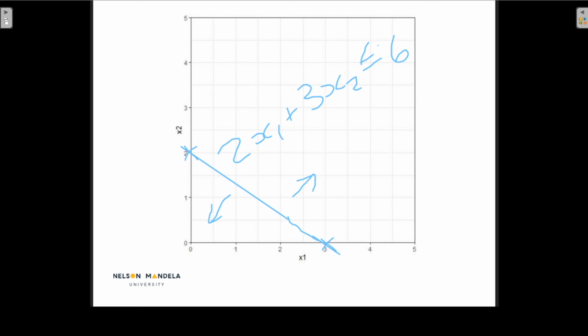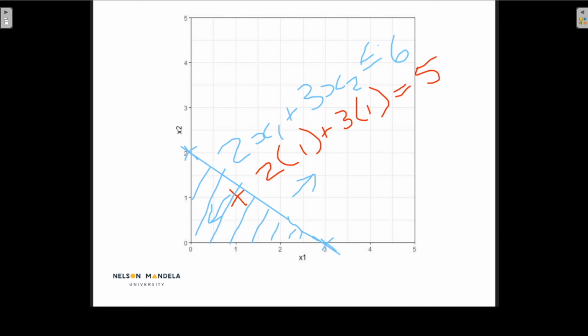For example, if I take the point (1, 1) and substitute it into this function, I've got 2 times 1 plus 3 times 1, which is equal to 5. It satisfies the condition of being less than or equal to 6. So we know that this inequality is the whole area below the line.